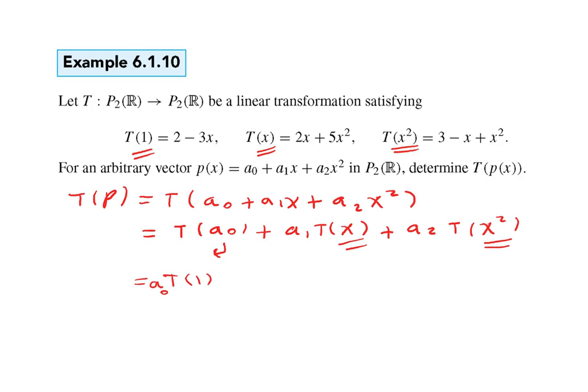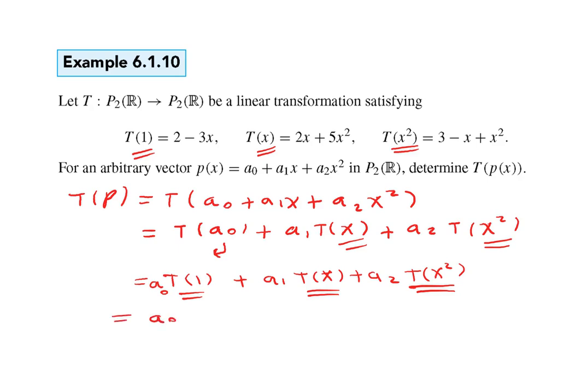Applying rule number 2, which is a scalar times 1 inside, you take the scalar outside, and that's my a sub 0 plus a sub 1 T of x plus a sub 2 T of x to the second. You have this one defined, and this one defined, and this one defined, and we're almost ready.